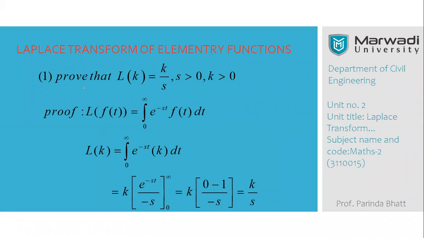Now prove that L of k, L meaning the Laplace transform of k, is equal to k by s. This is the formula. s is positive and k is also positive. And remember, students, we generally apply the Laplace transform to positive terms.